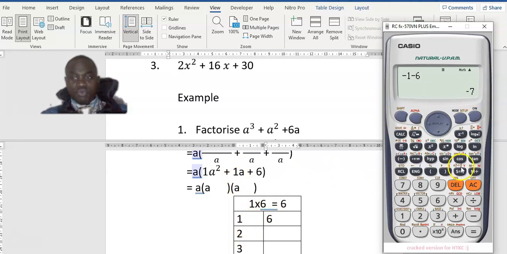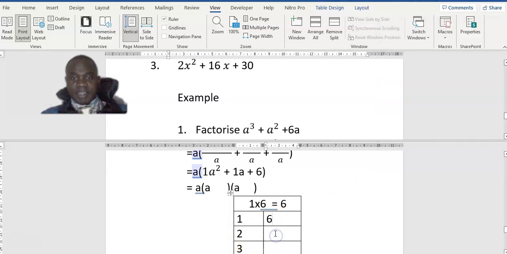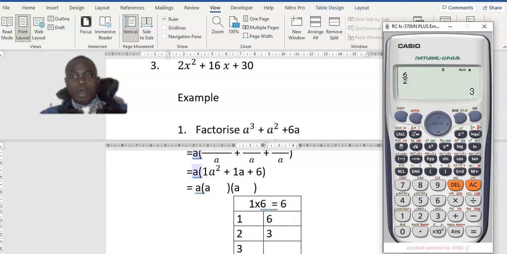Then you move on to 2. So 6 divided by 2 is 3, so this side is going to be 3. So 2 times 3 is what? 6. Right? Okay, 2 times 3 is 6. So let's see whether 2 plus 3 is going to give us 1.